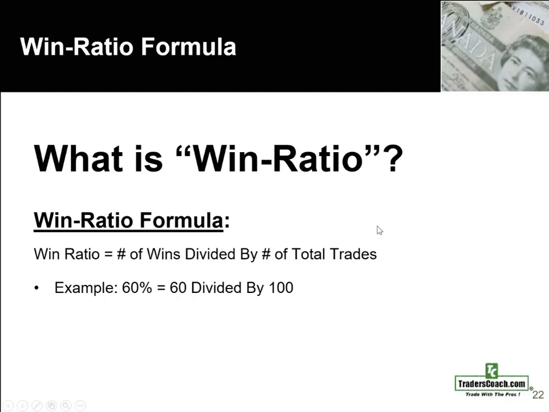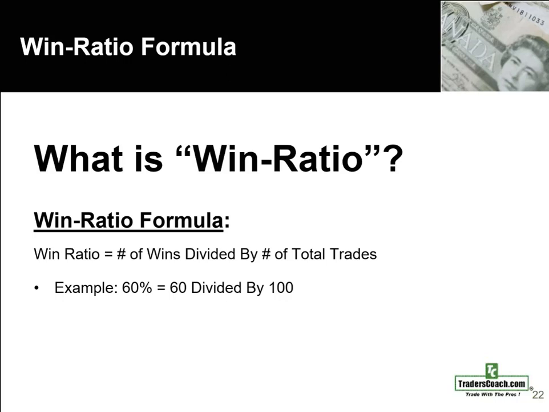Let's take a look at the win ratio formula. It's usually expressed in terms of percentage. So if I say I'm winning 60% of the time, what that really means is that if we had 100 trades, over time you'll find that you're winning 60 and losing 40. Or if you break it down to a shorter number, 10 trades, you're winning roughly 6 in 10. Okay, roughly.